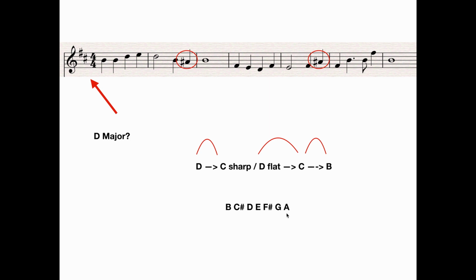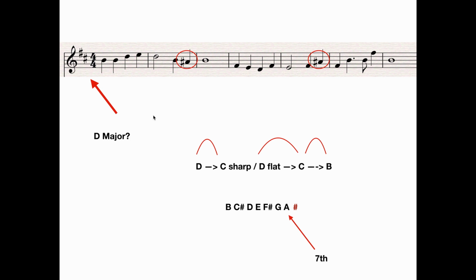In the harmonic minor, which you're most familiar with so far, the seventh note of the scale is sharpened by a semitone. 1, 2, 3, 4, 5, 6, 7. When this is sharpened, it becomes A sharp. And as you can see, A sharp is also the note that is sharpened in this piece of music here.